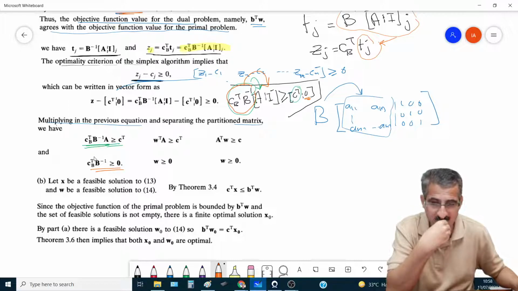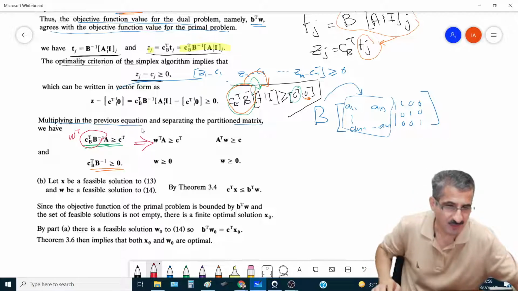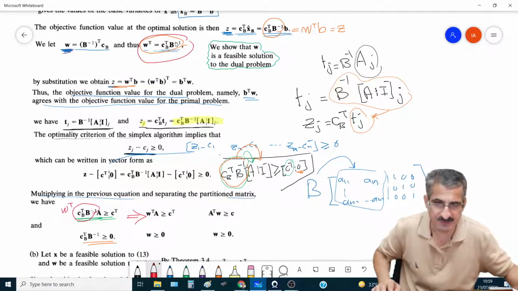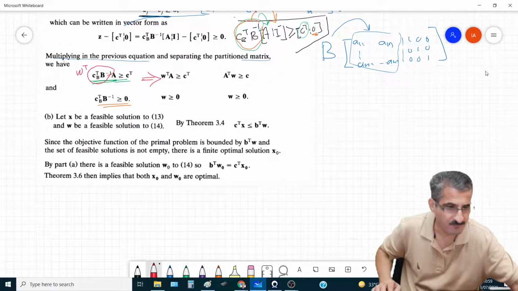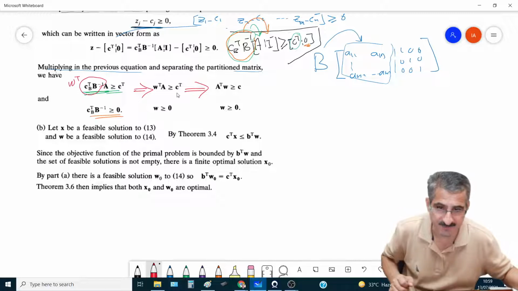Okay, good. Now, going back, what is this thing here? Remember, it is W transpose. So go back, W transpose, here we go. So it gives us this, and therefore we get that.